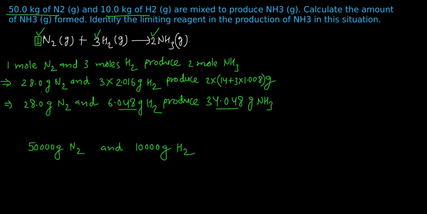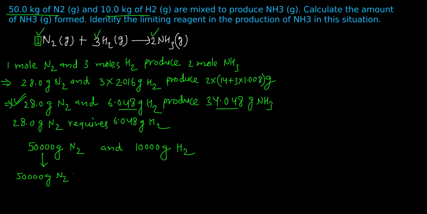So from the information we just wrote in the upper step, we know that 28.0 gram nitrogen requires how much hydrogen? 6.048 gram hydrogen. So let us see here, for this 50,000 gram nitrogen, how much hydrogen will it require? Because 28 gram requires 6.048, so 1 gram will require 6.048 divided by 28.0, and therefore 50,000 gram will require into 50,000 gram.